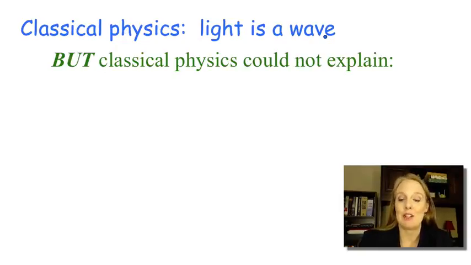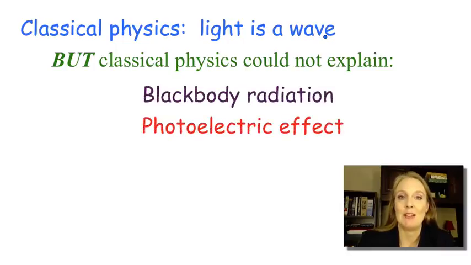I hope you had a chance to watch the demonstrations of blackbody radiation and the photoelectric effect. These types of phenomena had been observed, but there was no way to use the wave model of light to reconcile the observations that had been made. There are some other excellent videos explaining these physics phenomena online, and these were referenced in the demonstration videos, so be sure to check those out.